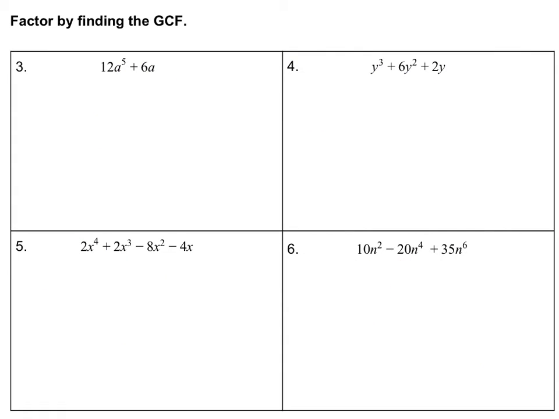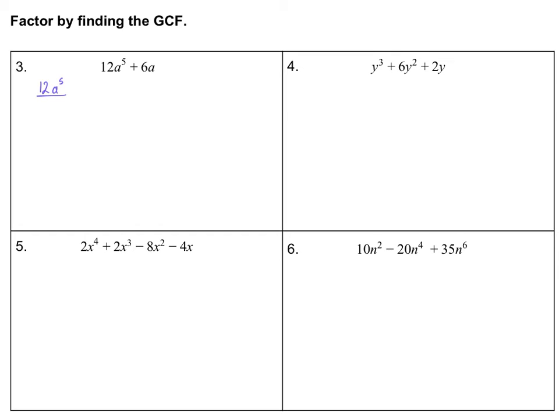All right, continuing on, I'm going to skip the warm-up because we already did some. So now we are finding the GCF, but this time we have numbers and variables. All right, so first off, 12a to the 5th.